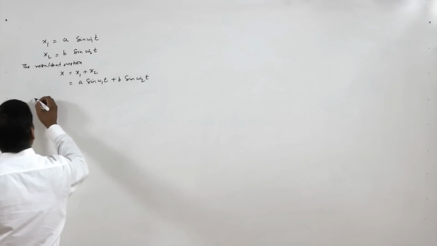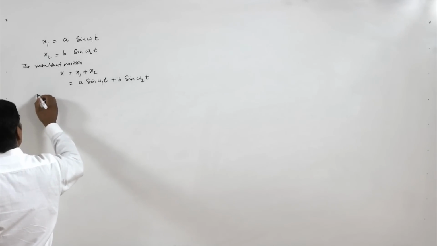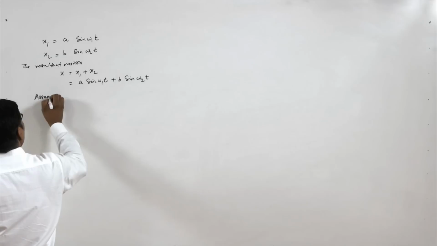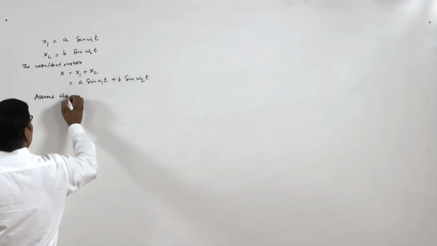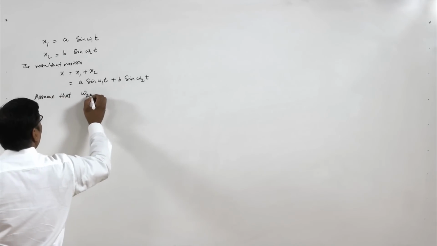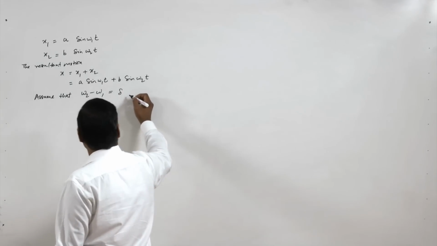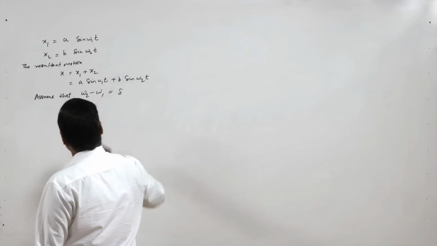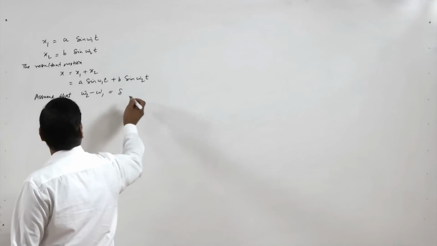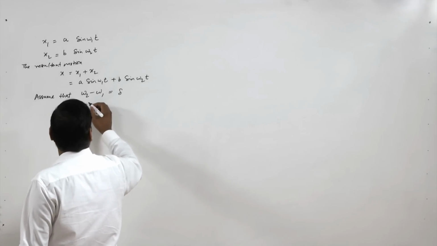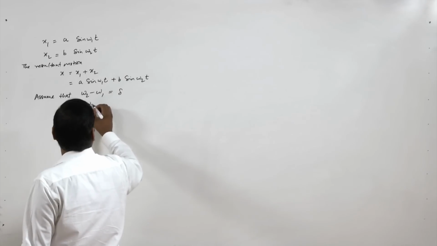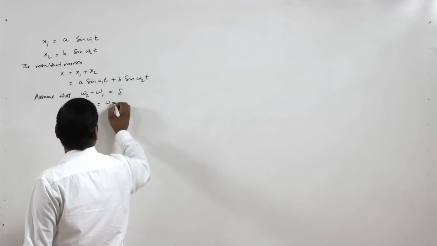Now here we have assumed that omega 2 minus omega 1 equal to delta, a very small quantity. So we can write omega 2 equal to omega 1 plus delta.